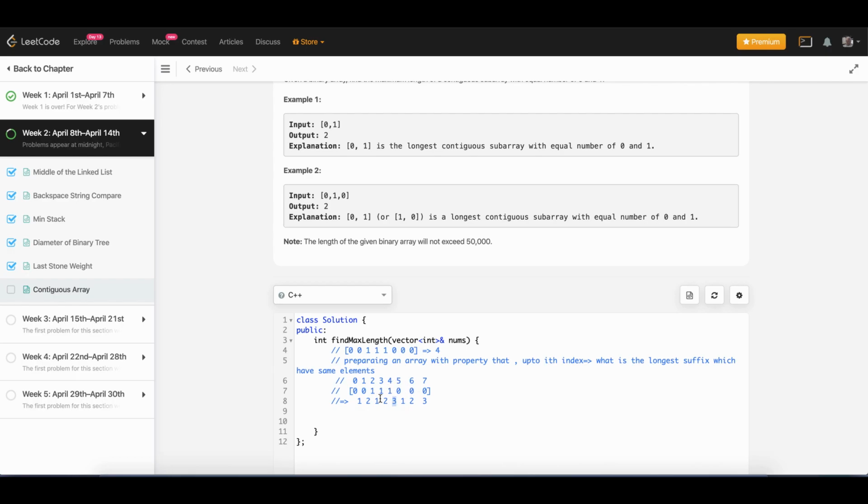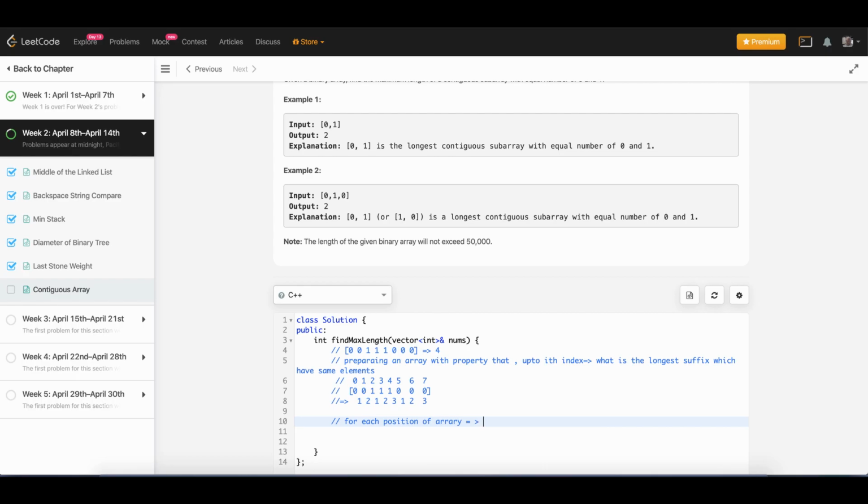So how can we form the answer? We can find out the answer by taking, for each position of the array, the pre-calculation.